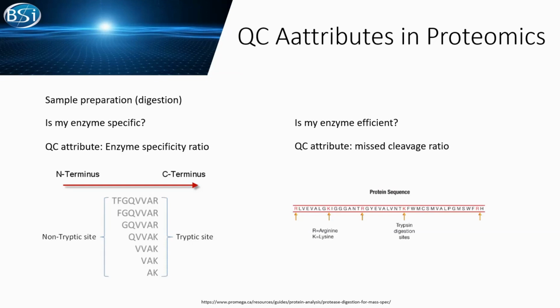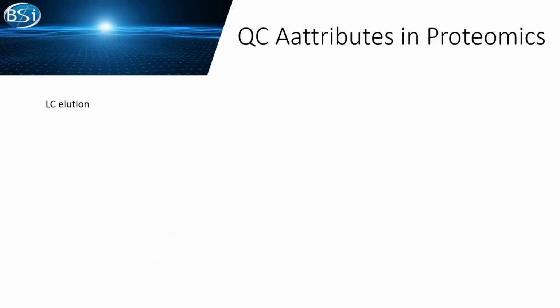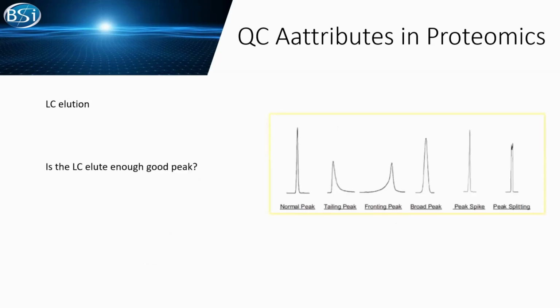Once we have our peptides, we are going to elute them on LC, so we also need to take a look at our LC setup. When we talk about LC, peak is our main word here. We can see there are many peak shapes, and we really only want a nice sharp peak, not too wide, not too sharp.